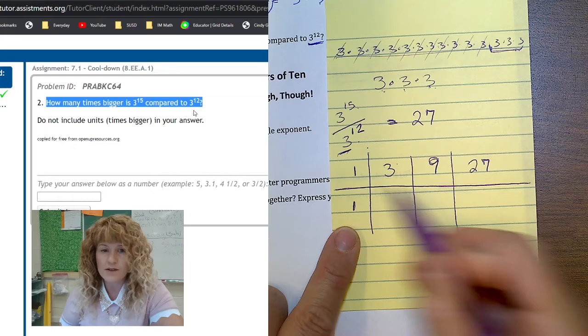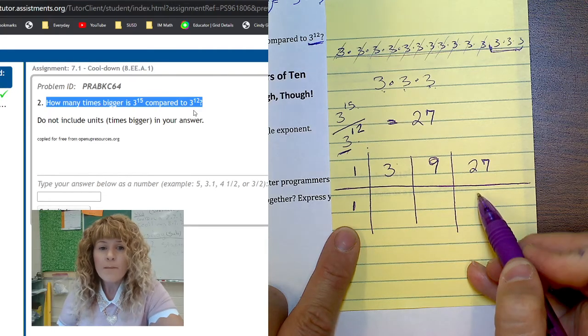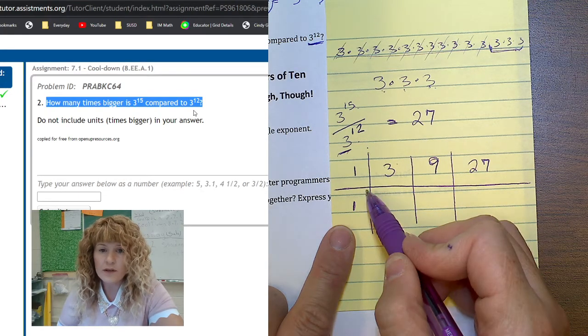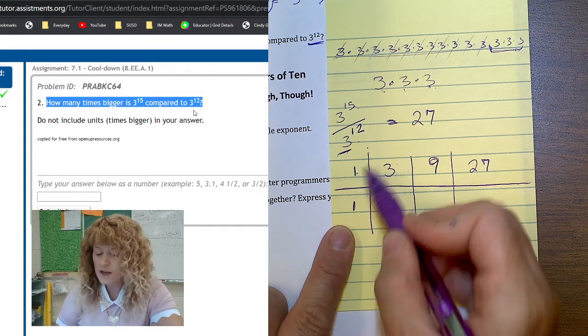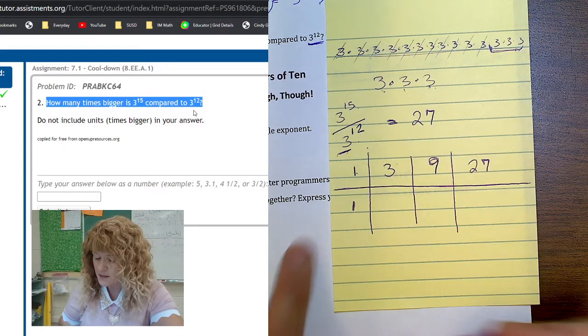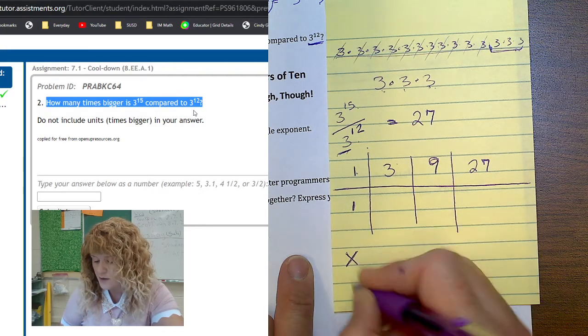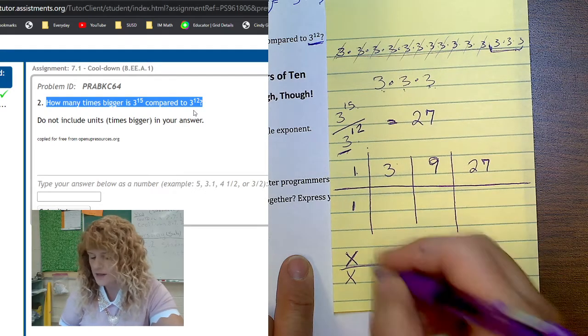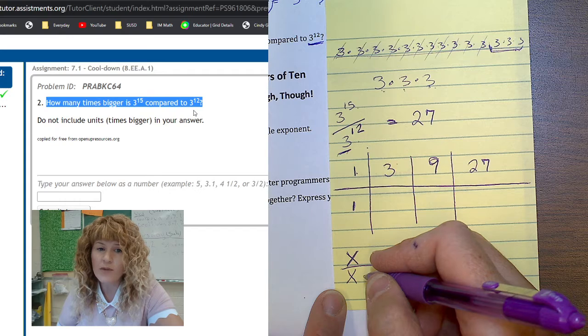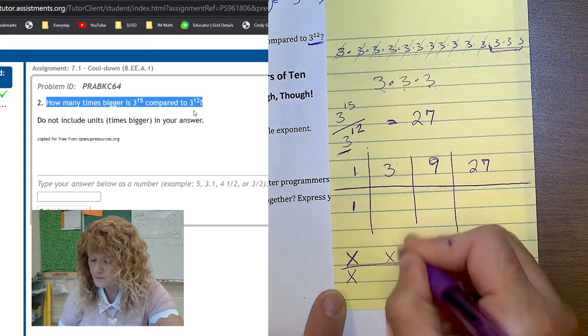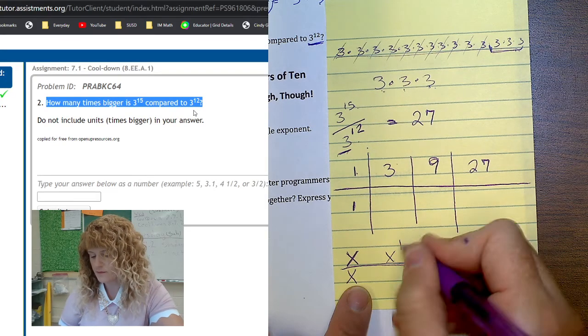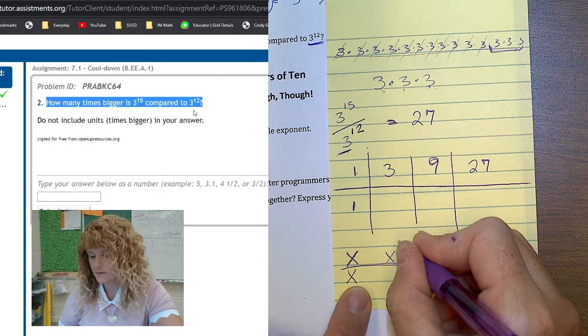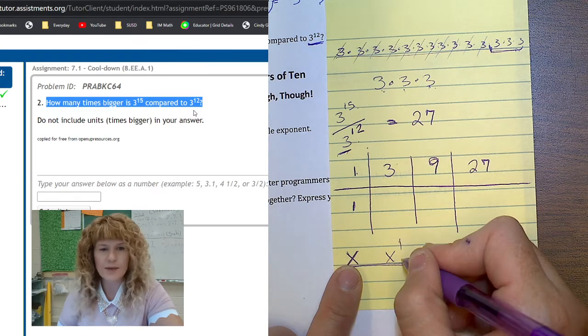I think it's easier to see it this way. But this could be any number. It could be number 1. It could be number 3 to the 15th. I'm going to call it x. Let me do this again with x. Okay, so if I have x to the power of 1, that's what I started with.